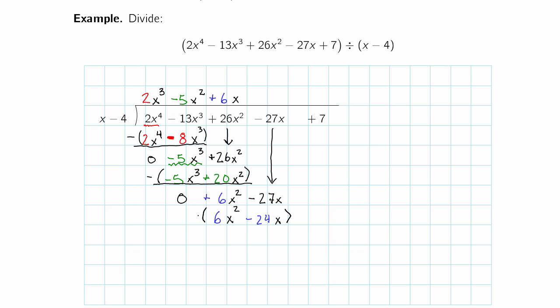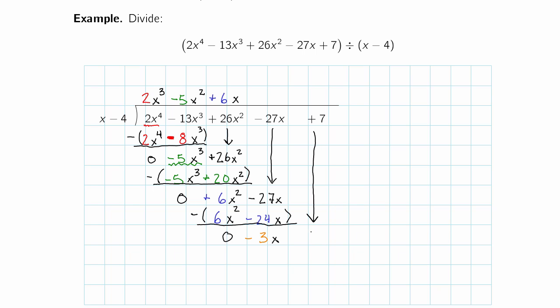And now we subtract one more time. 6x squared minus 6x squared is 0. Negative 27 minus negative 24 is negative 3. So we have negative 3x.